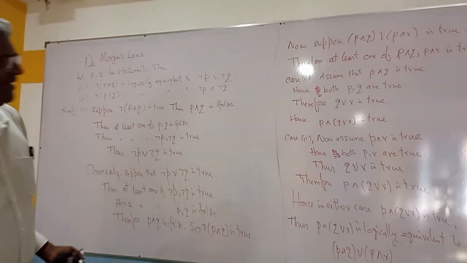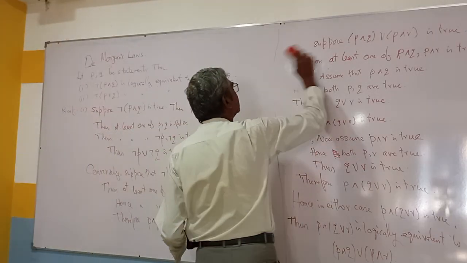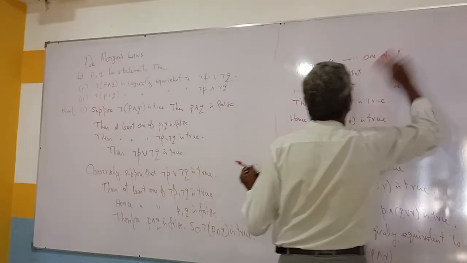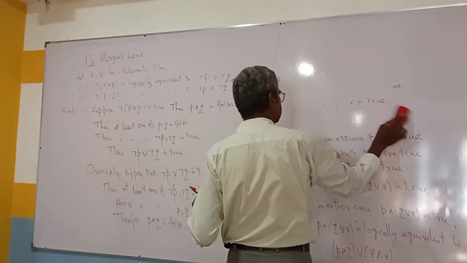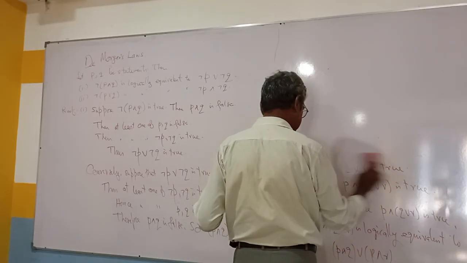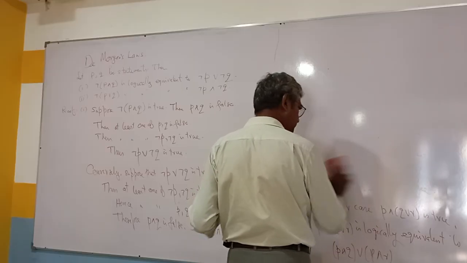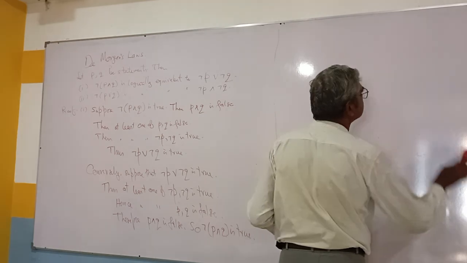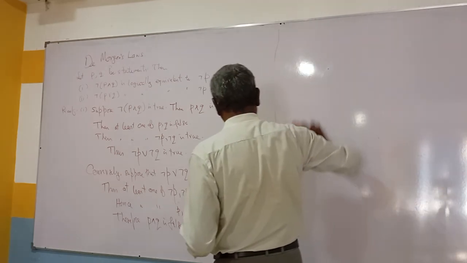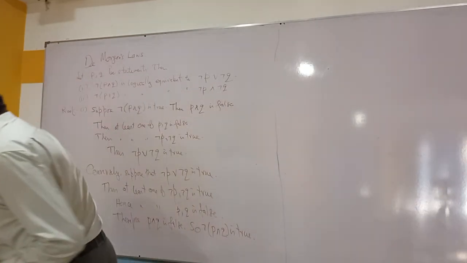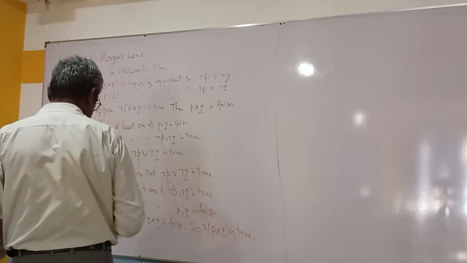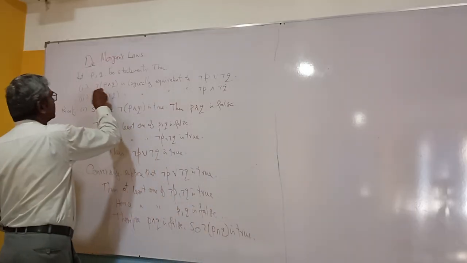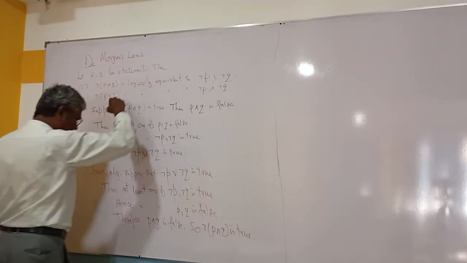Let's see, anyway, this is still kindergarten. Now, we have proved if this is true, then this is true, if this is true, then this is true.